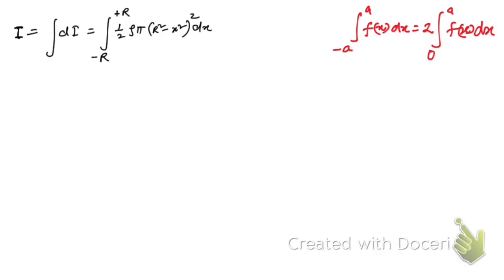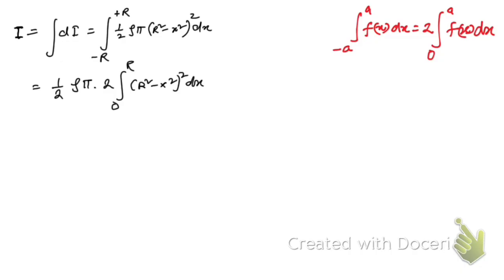If we apply that, we can write half into rho pi, which is constant, into the integral from 0 to r of (capital R square minus x square) whole square dx.